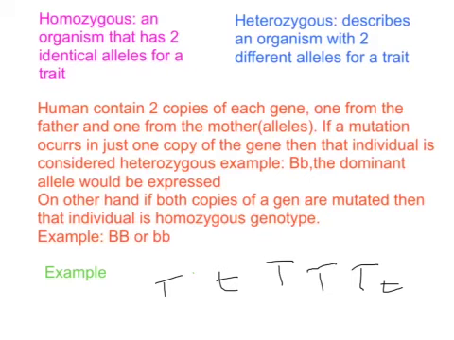Both TT and capital T lowercase t will produce the tall phenotype. The tt genotype represents the homozygous recessive condition and will produce the short phenotype.